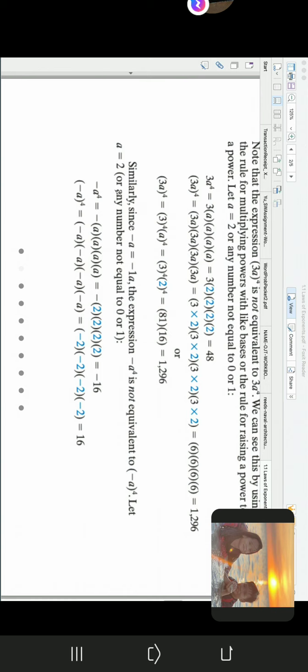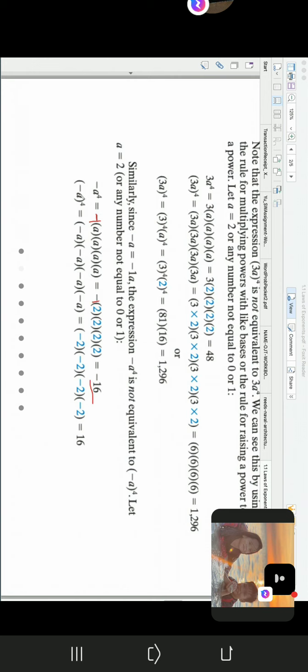So let's assume that a is equal to 2, and we simplify. Negative a to the power of 4 is equal to negative, with an understood 1 here, then four a's: 1, 2, 3, 4. We substitute 2 in every a, so that is negative 1 times 2 times 2 times 2 times 2, which is negative 16.